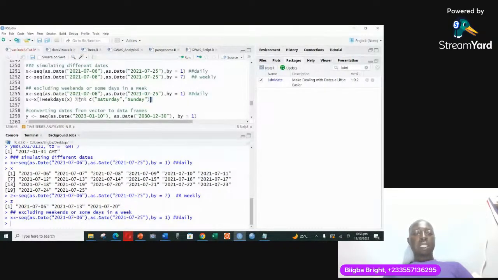This is percentage in, percentage means member or found in this particular vector here. So you are saying that you are going to check here and see whichever date that coincides with Saturday and then Sunday, then we are going to exclude those ones. That's what we have just done. It's a very simple code and very easy to understand.